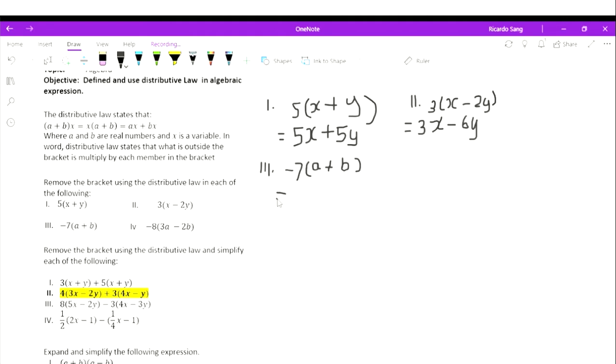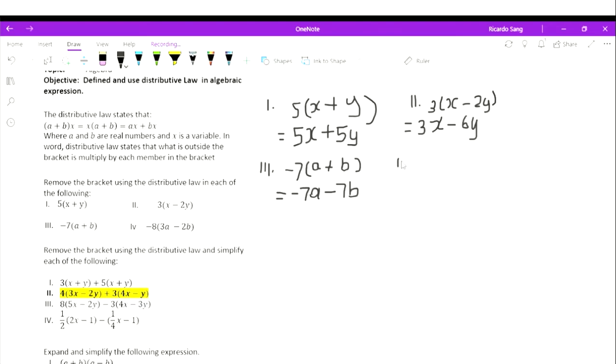So minus 7 times a would equal minus 7a plus, and a minus times a plus gives you a minus, right? So minus 7 times plus b will become minus 7b. And that would have satisfied that.